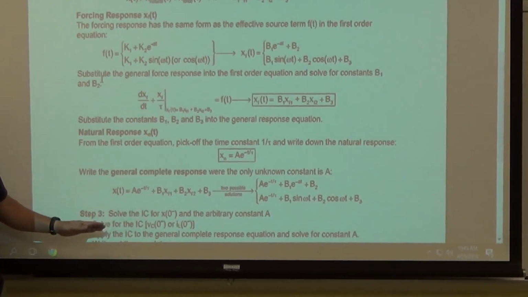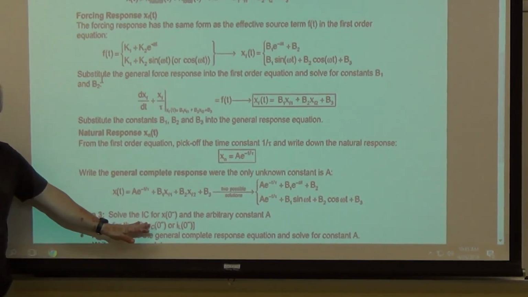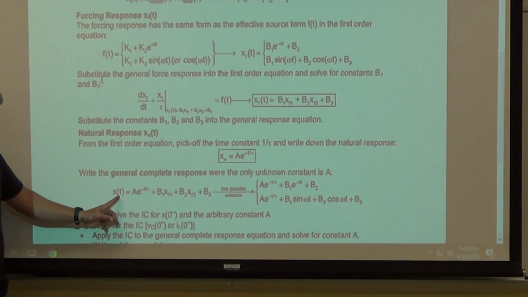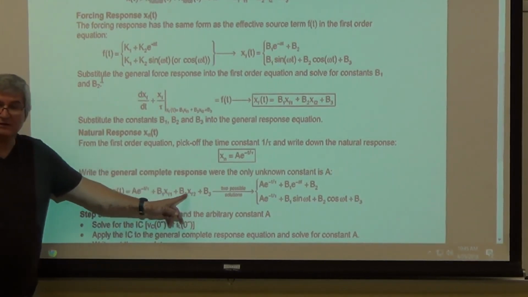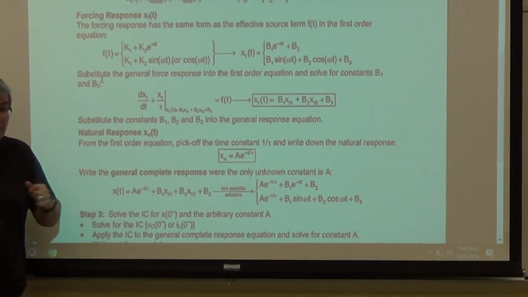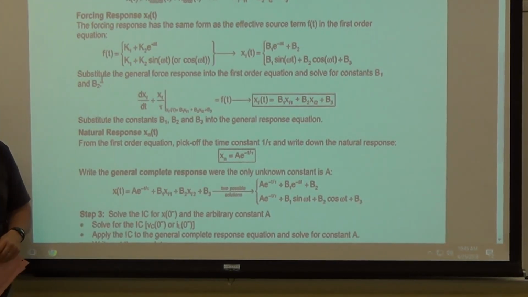So as a consequence, I then look at the initial condition. By looking at the initial condition, I set t equal to 0, and then these terms will typically drop out. Either the sine goes to 0, or the cosine goes to 1. Or if I have exponential terms, the exponential at 0 should be 1.